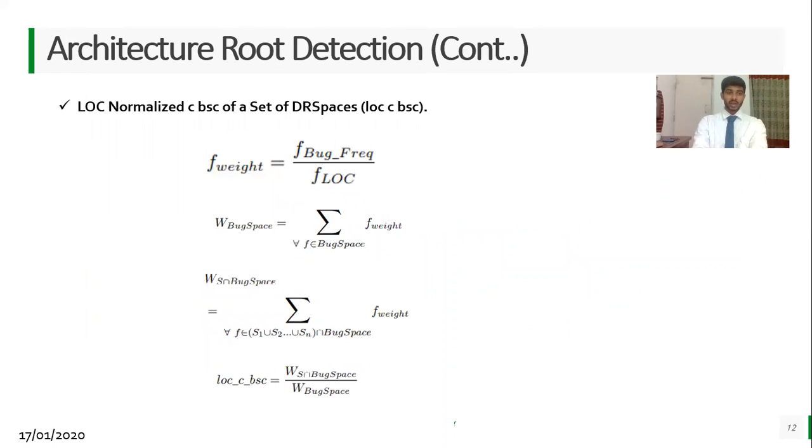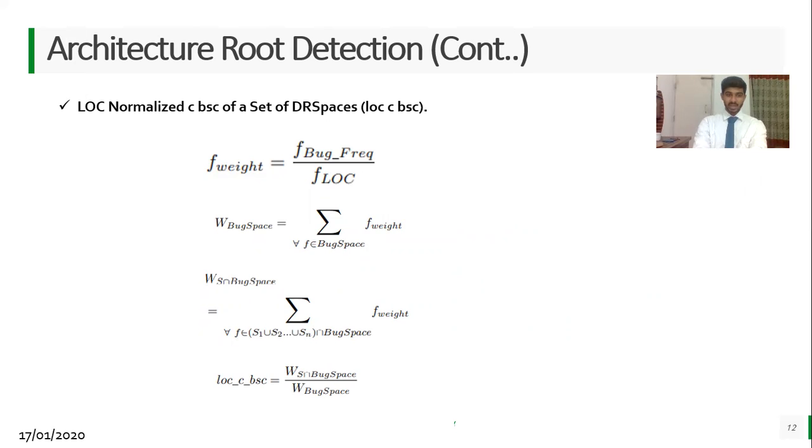At last is the LOC-normalized CBSC of a set of DRS spaces. There are three equations. First is from the weight, bug frequency, and LOC. Then the bug space and bug space intersections.